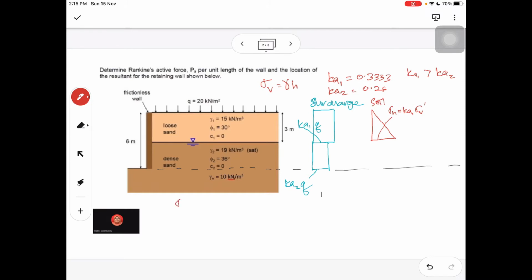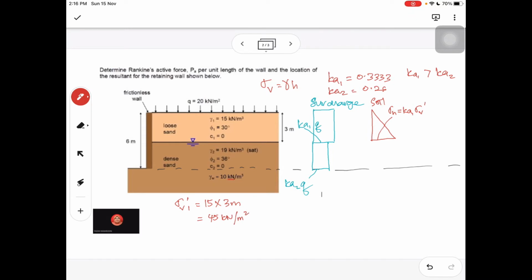Sigma V for layer 1 is equal to the unit weight of the loose sand, which is 15, times the height of the loose sand, which is 3 meter. So it's 45 kilonewton per meter square.